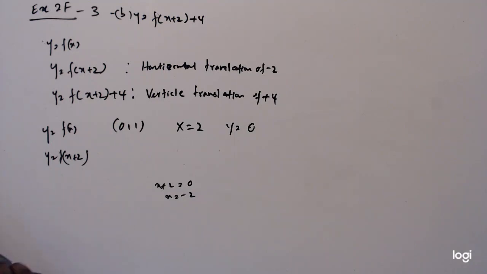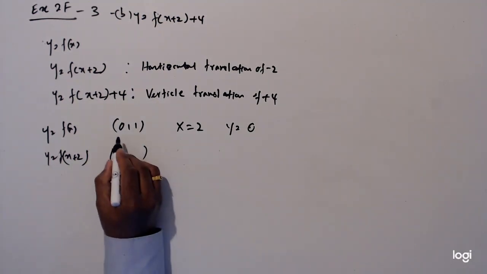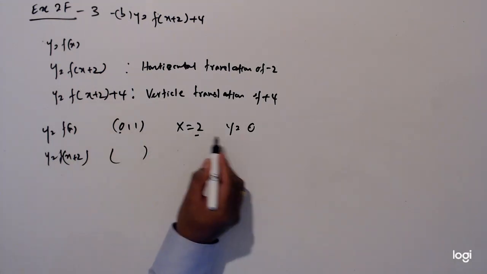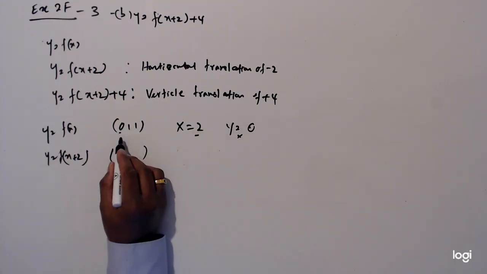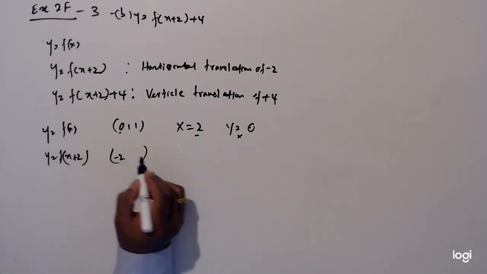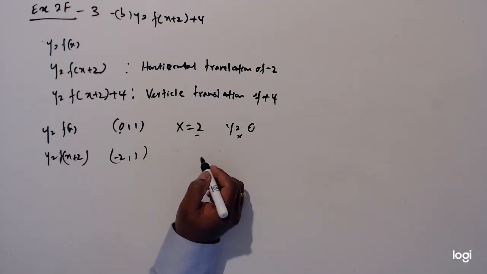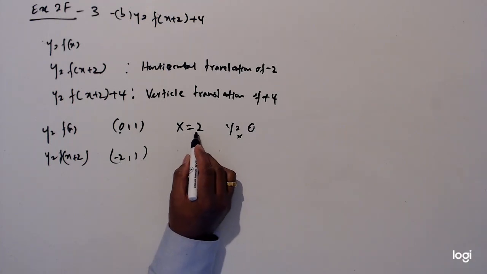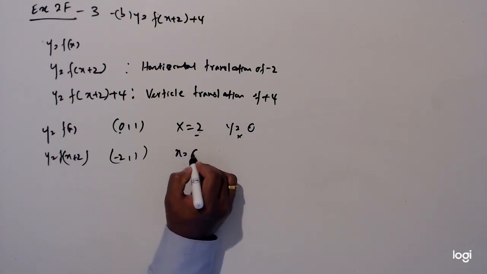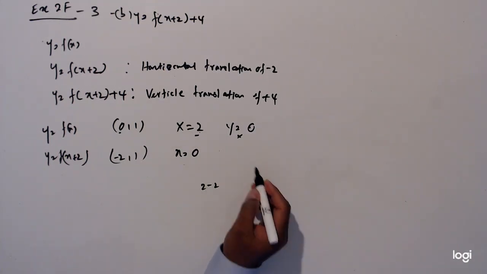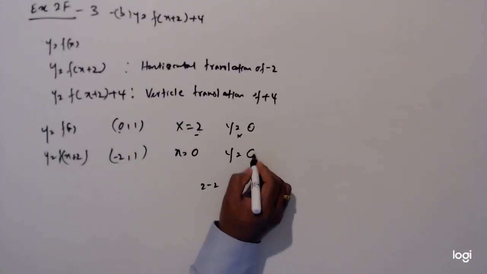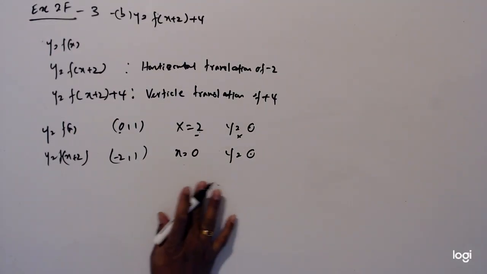We have to move 2 units to the left. So it's affecting all x values, not y values. So (0, 1) becomes (minus 2, 1), and x equals 2 becomes x equals 2 minus 2, which is x equals 0, and y equals 0 as it is.